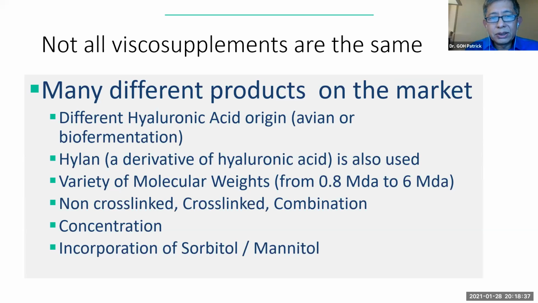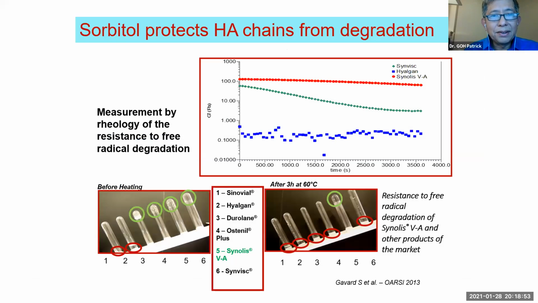And even in the normal joint, you would get a variety, but generally, the healthier the synovial fluid is, the more it veers towards the high end. There are non-cross-linked and cross-linked combinations, different concentrations, and whether they incorporate the sugar sorbitol or mannitol. Why is this important? Because sorbitol sugars protect the hyaluronic chain from degradation.